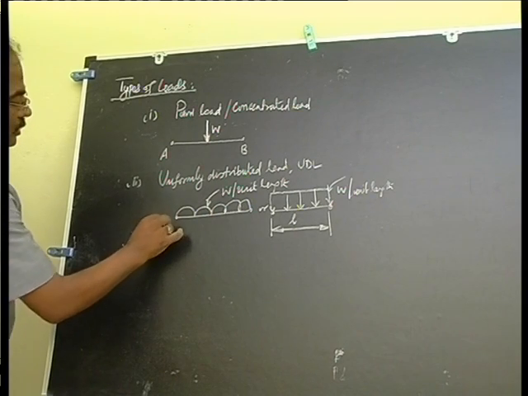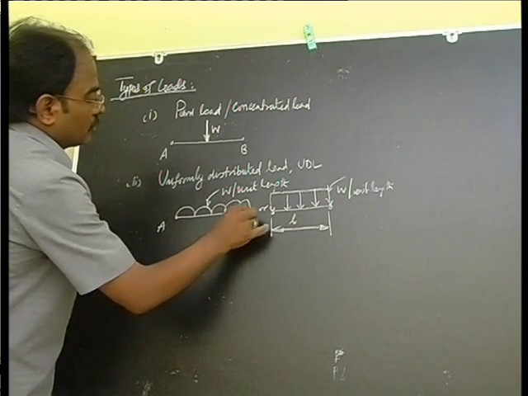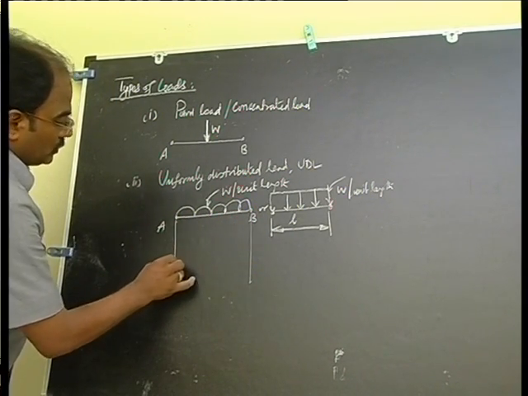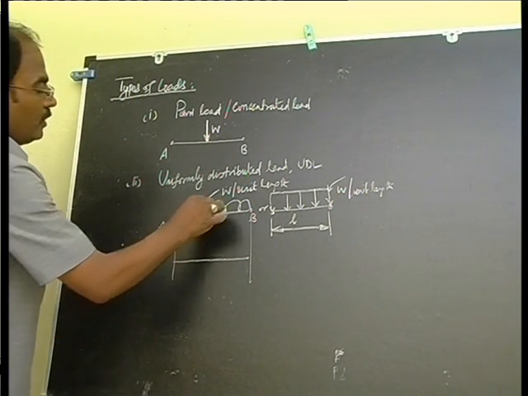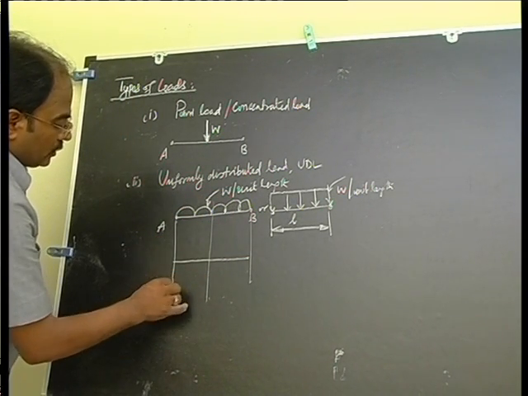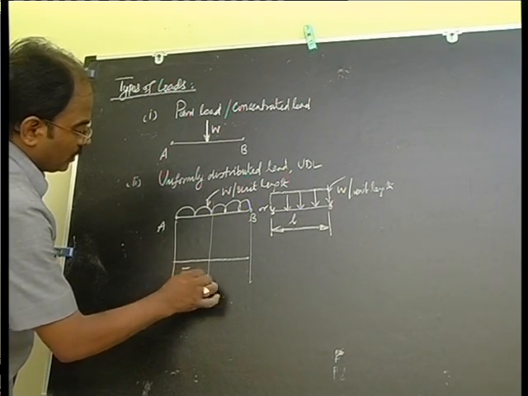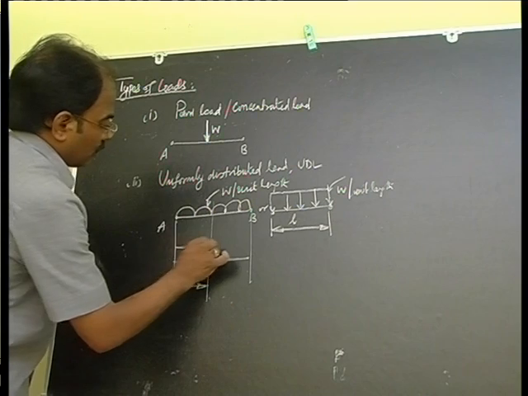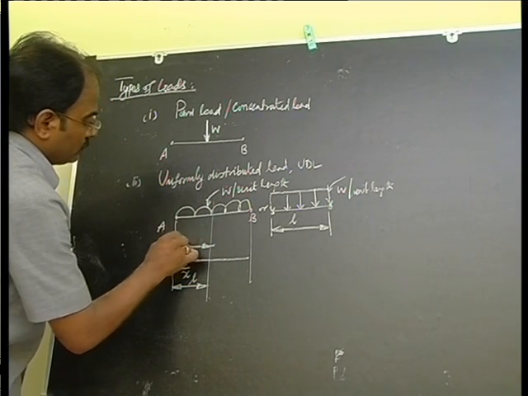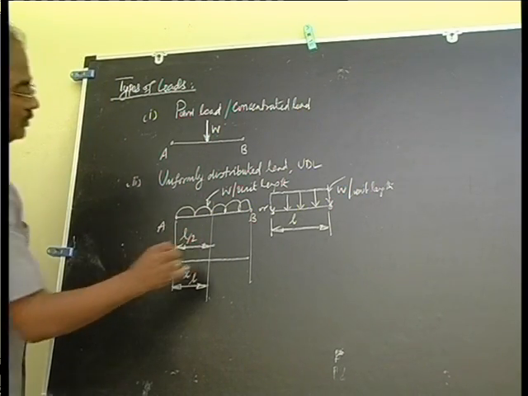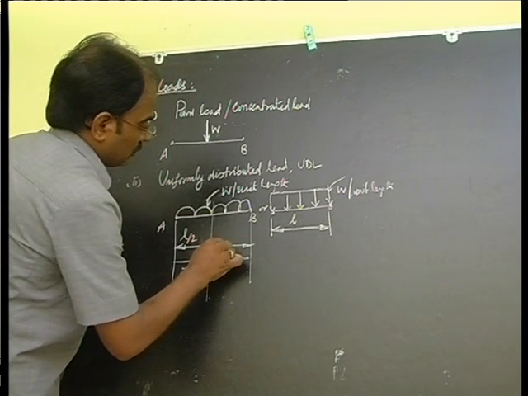So the equivalent load should be a point load, so it has to be calculated. The point load acts at the centroid, so it is nothing but x bar of L. So here in this case it is L by 2.